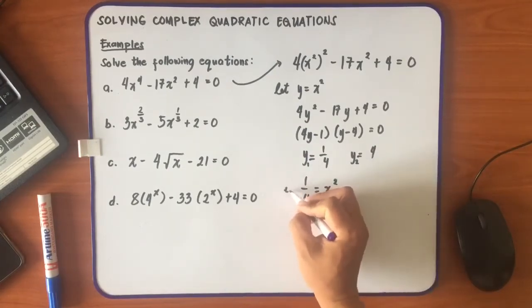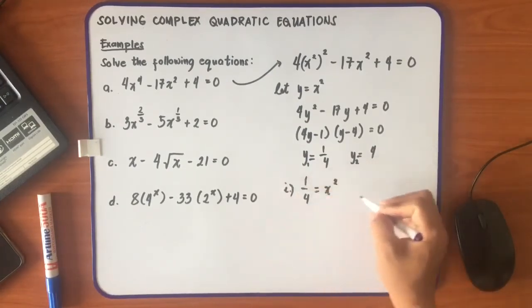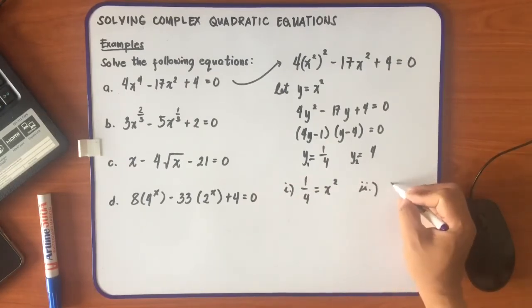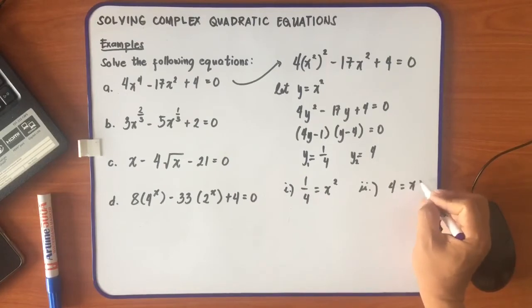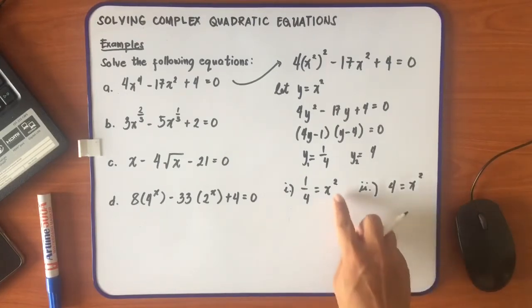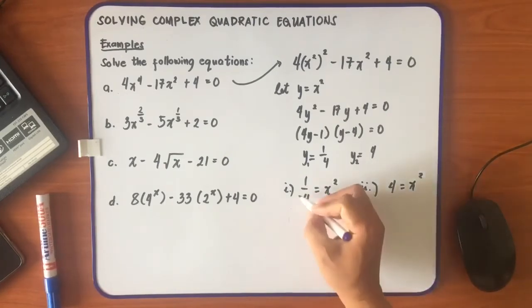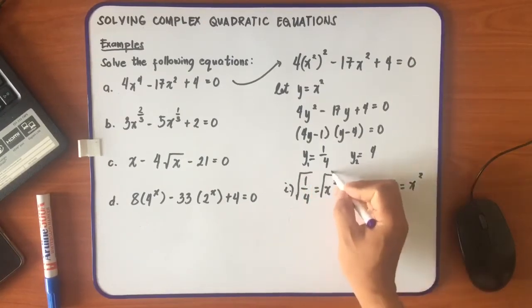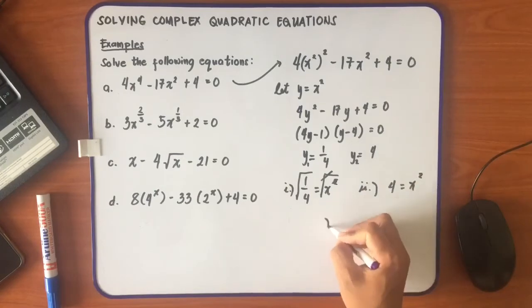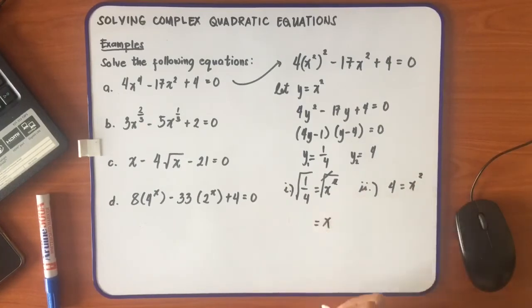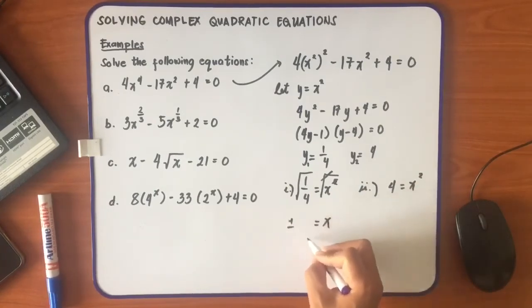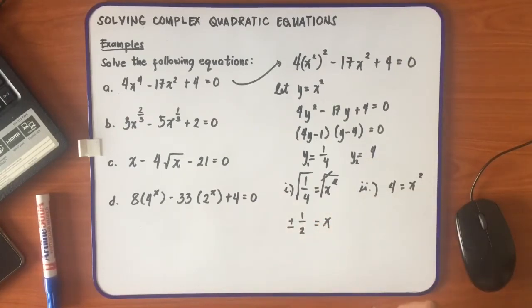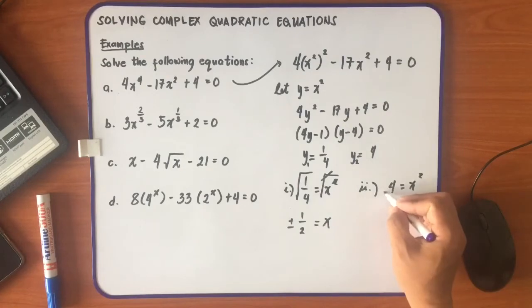That is solution number 1. Okay, solution number 2 will be 4 is equal to x squared. Remember, so that we can solve this, you have to square root both sides. Remove this. So x now will be equivalent to positive or negative 1 over 2. And here, square root.